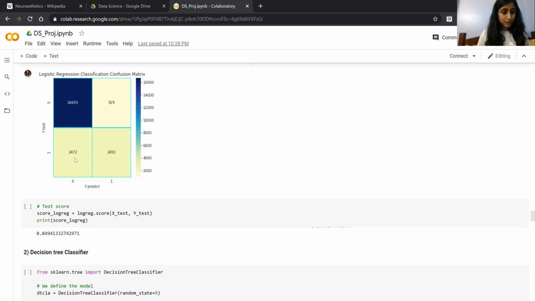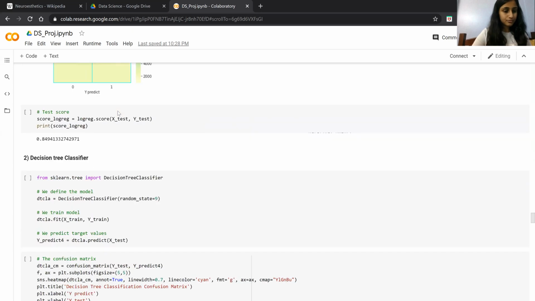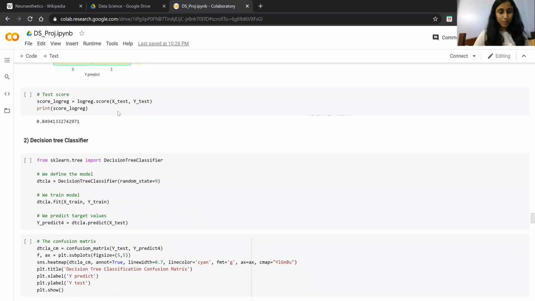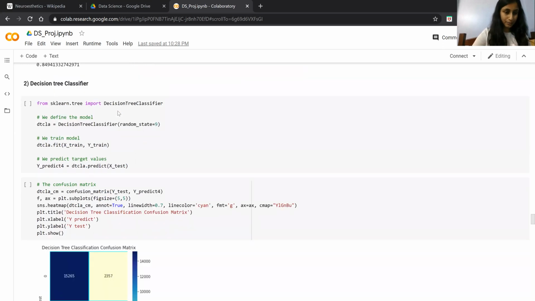There are 2,472 false negatives, 2,491 true positives and 929 false positives. Next, we are printing the test score being 0.849, that is 84.9%, almost about 85%.